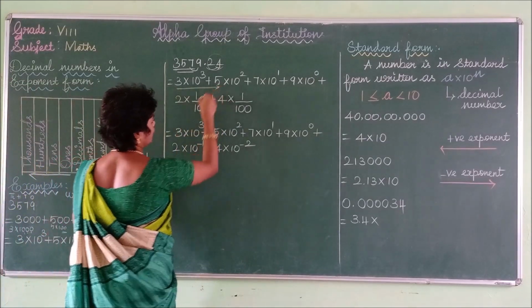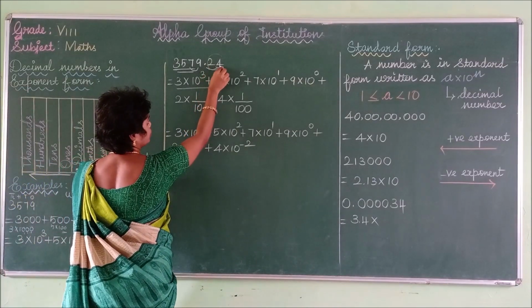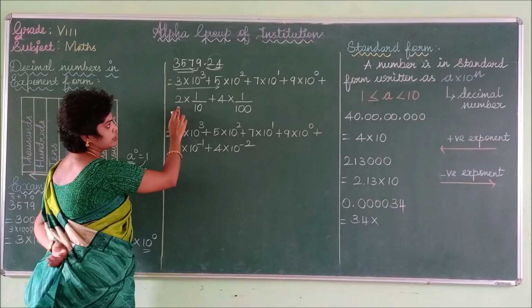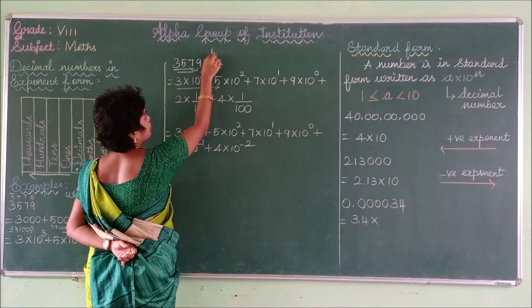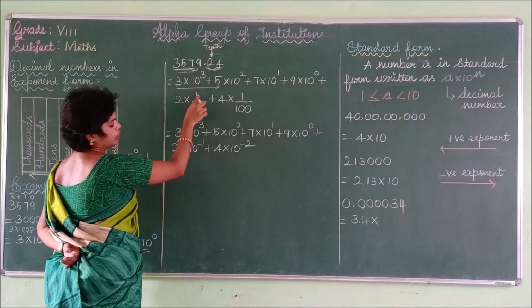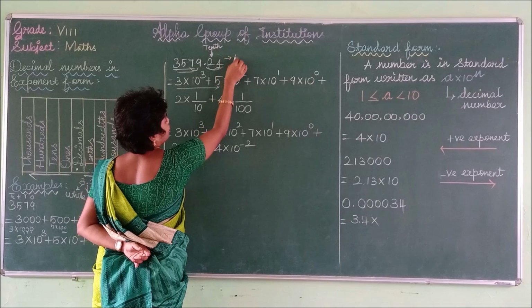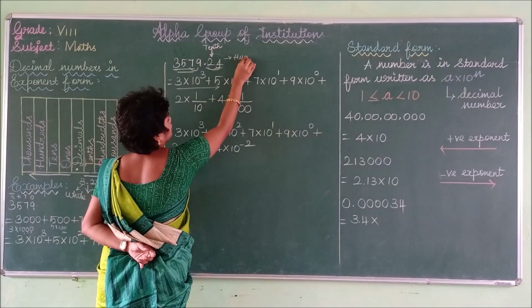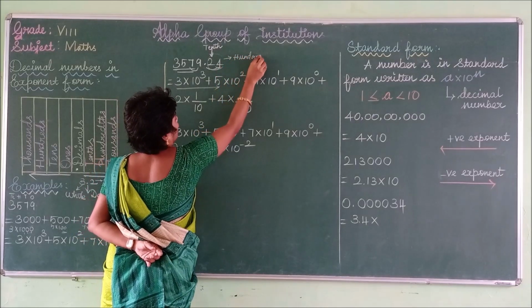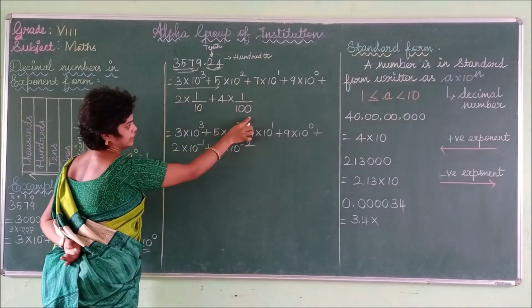This you know well from this step. So I am writing 24 as 2 in the place of tenths, so 2 into 1 by 10, plus 4 in the place of hundredths, so that's why I am keeping 1 by 100 here.